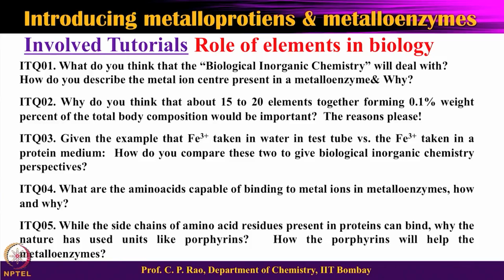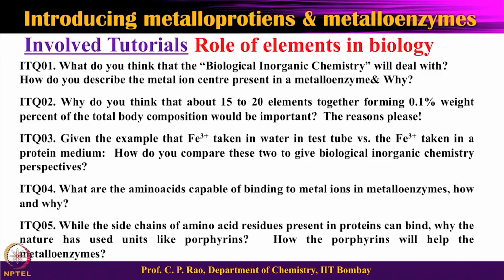Together, not each one, they are present in very small quantities, because these are present in the enzymes. Their total quantity will not be so high, but important because without these enzymes the body will not function.